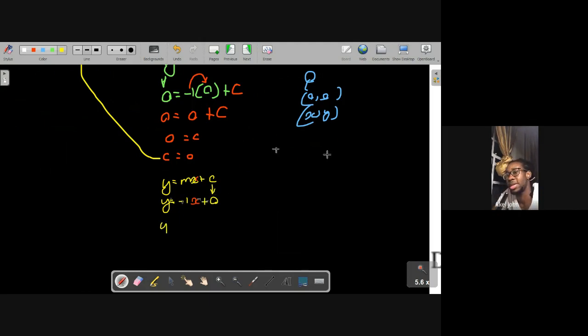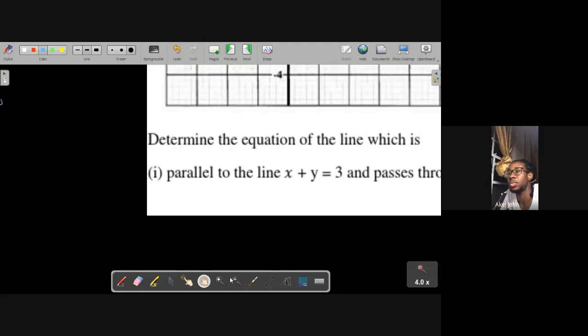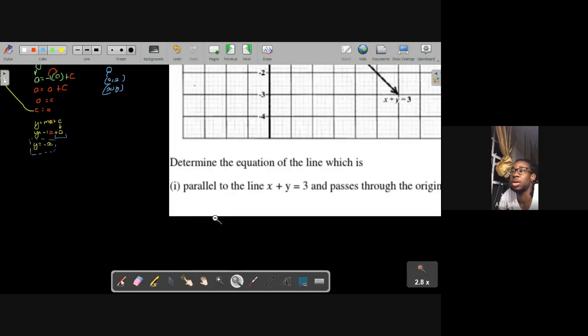So we have y is equal to negative 1 multiplied by x, or negative x is the same thing. So y is equal to negative x, and there's no need to include the plus 0 part. It would not affect anything. So we can simply leave our answer like this: y is equal to negative x, and this would be the equation of the line.